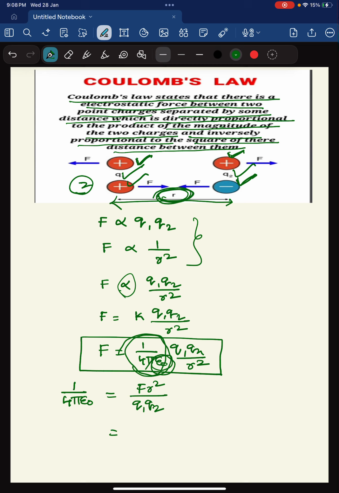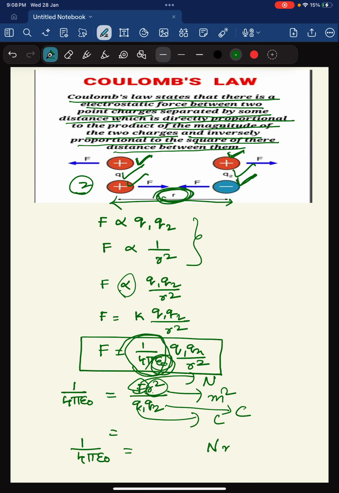The SI unit of force is Newton, the SI unit of distance is meter, so meter square will be there. The SI unit of charge is Coulomb for both charges. Therefore the unit of 1 by 4 pi epsilon naught is Newton meter square Coulomb power minus 2.